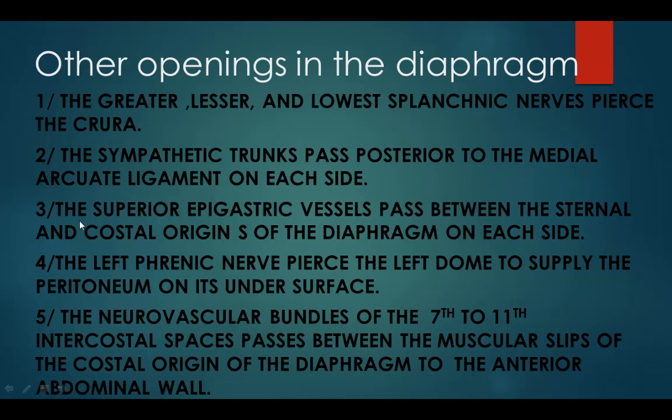On each side the superior epigastric vessels pass between the sternal and costal origins of the diaphragm. We also have the left phrenic nerve, which pierces the left dome to supply the peritoneum and undersurface, and the neurovascular bundles of the 7th to 11th intercostal spaces, which pass between the muscular slips of the costal origin of the diaphragm to the anterior abdominal wall. So all of these structures pierce the diaphragm.